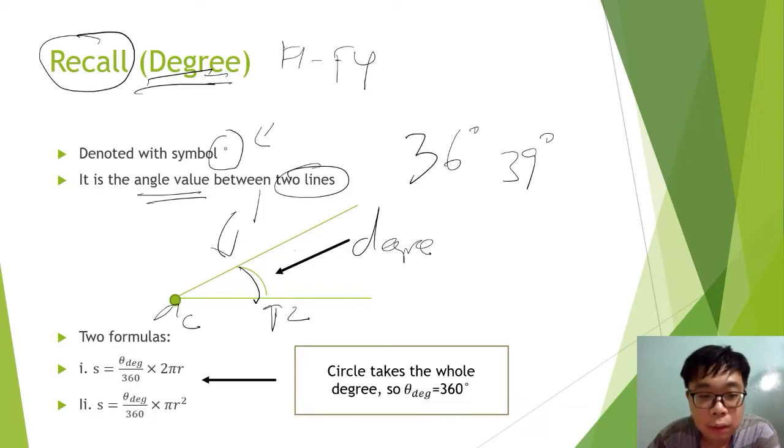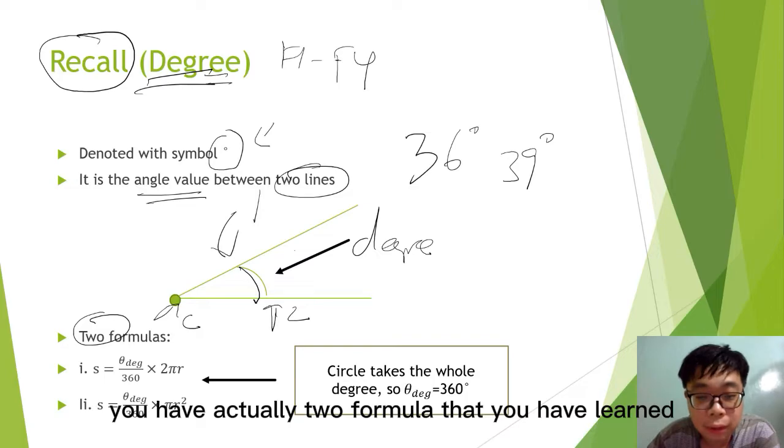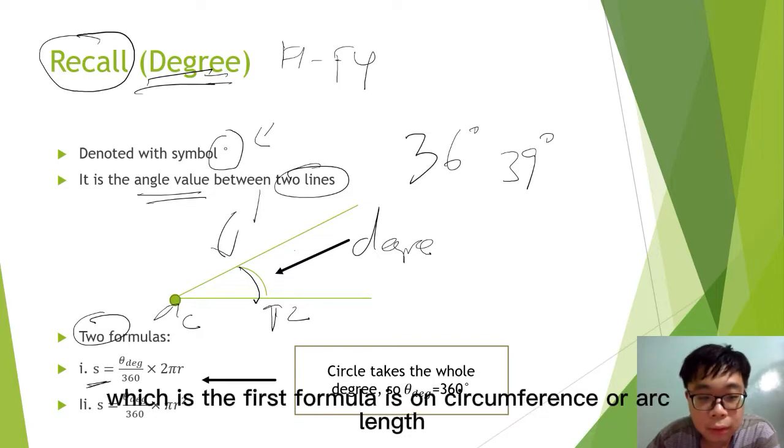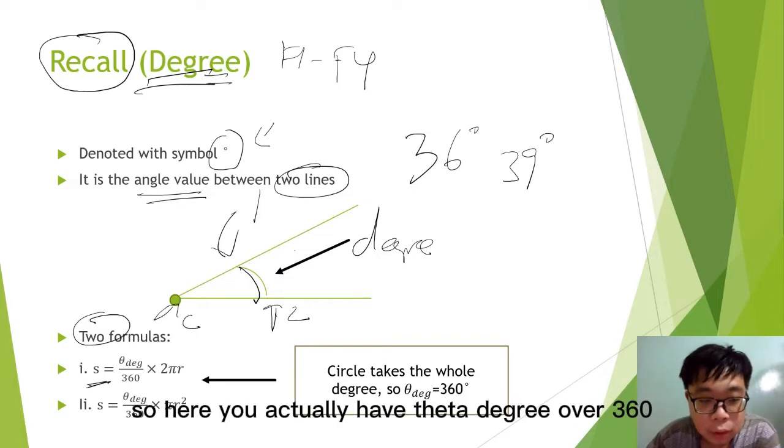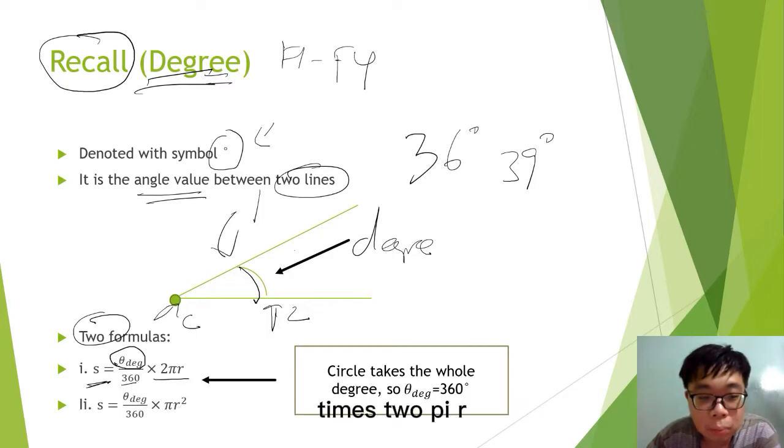You also learned two formulas. The first is for the circumference, or length: theta degree over 360 times 2 pi r.